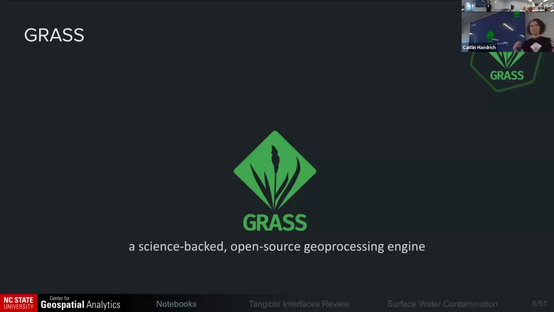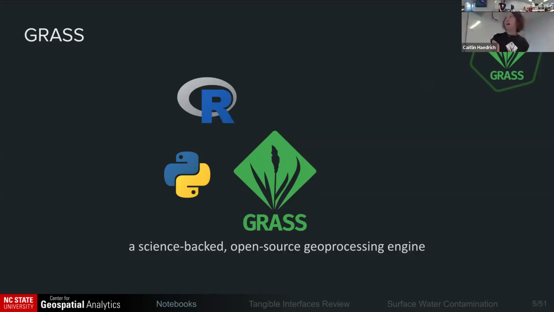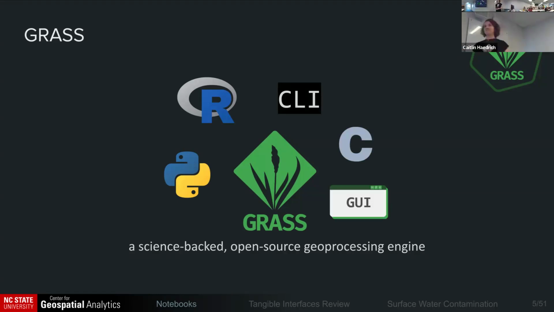So it's really powerful software for doing open science. If you choose to use it, with over 400 tools in the core distribution, you have a big selection of interfaces you could choose from. You can use one of the Python APIs, there's an R API, there's a command line interface, there's a C interface, and there's also a graphical user interface, kind of like a traditional desktop GIS software.